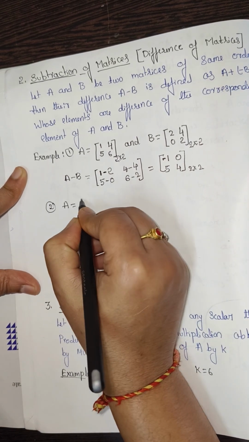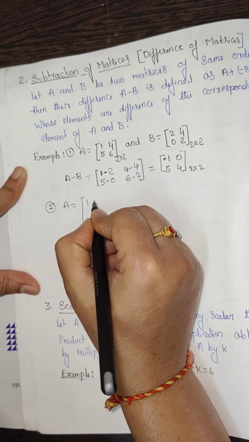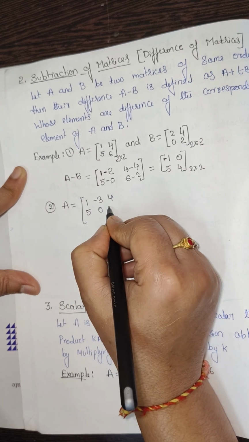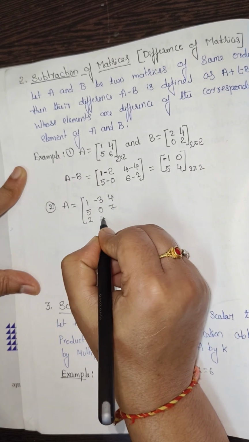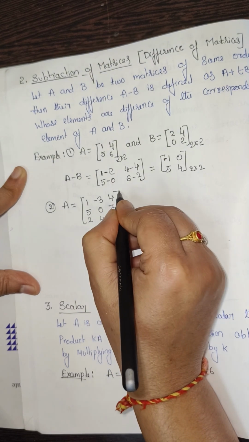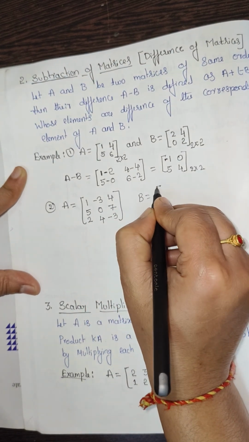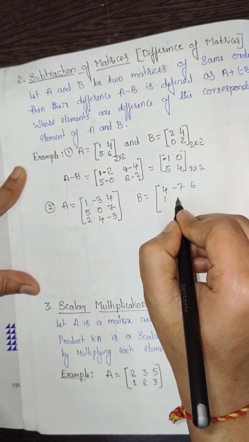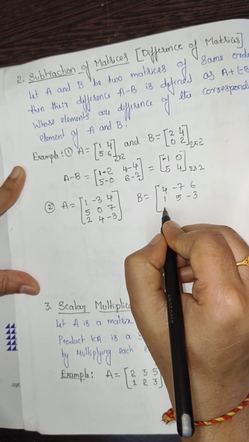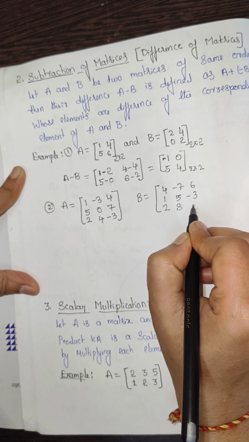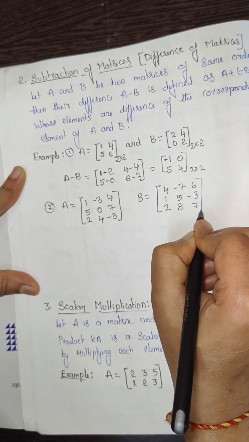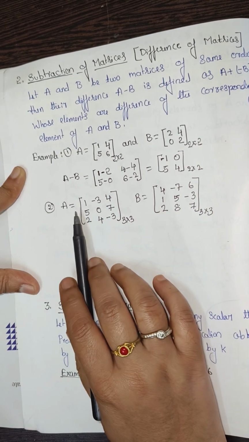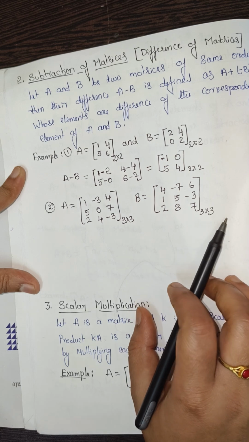A equals 1 minus 3 4, 5 0 7. Okay. I took matrix A here as 3 by 3 and B is also a 3 by 3 matrix.